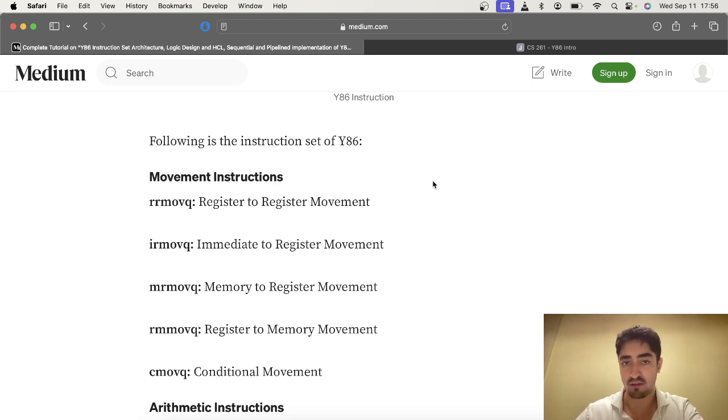Memory to register movement. Makes sense.